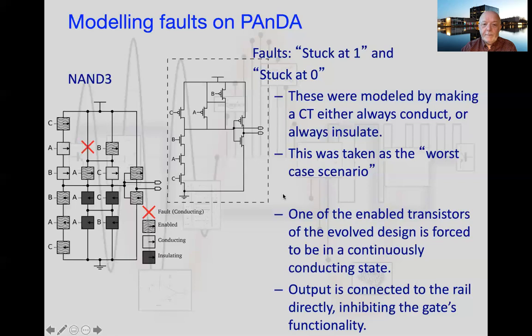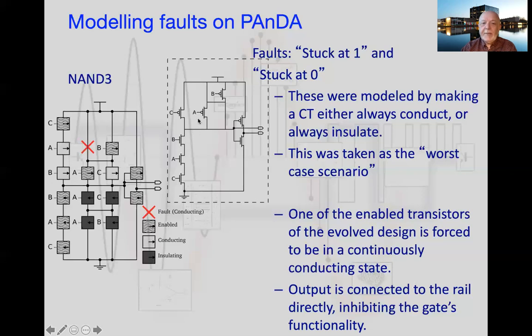If you draw a more conventional transistor diagram of that, this is what the circuit looks like. We've got a number of transistors going in. We've got an input going into a transistor, input C, which is there. And we've got inputs A, B, and C going into these transistors, which are shown down here. These transistors are conducting, so we don't see these on this diagram, and so on with all of the others.